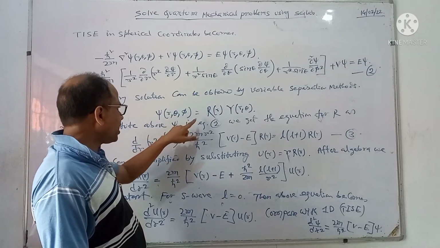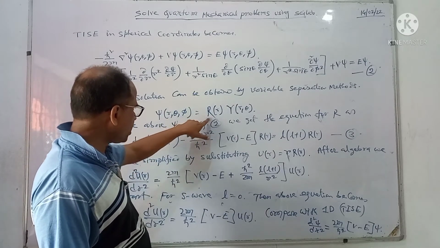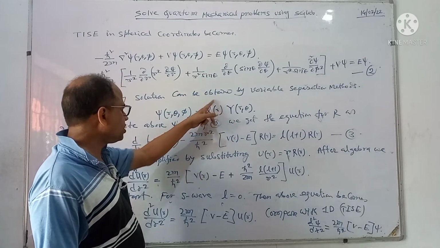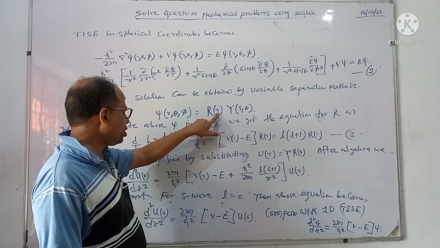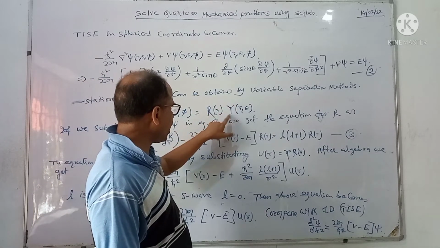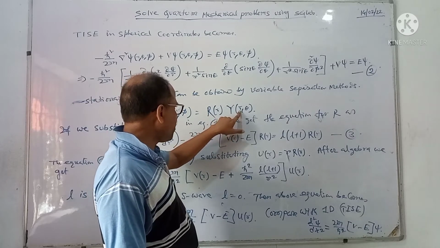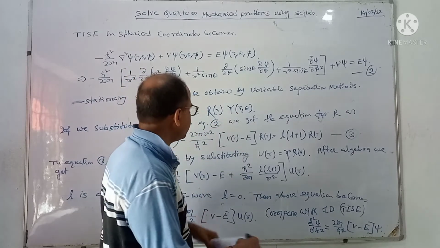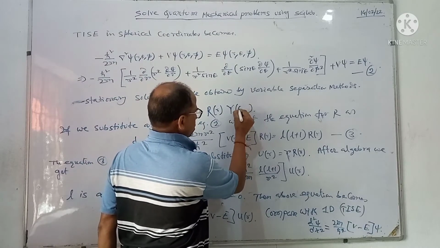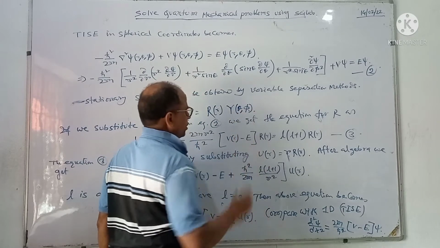For that, we write that we are seeking this type of solution. This is the radial part, because it involves only the radius, and this is the spherical harmonics. It depends on theta and phi.